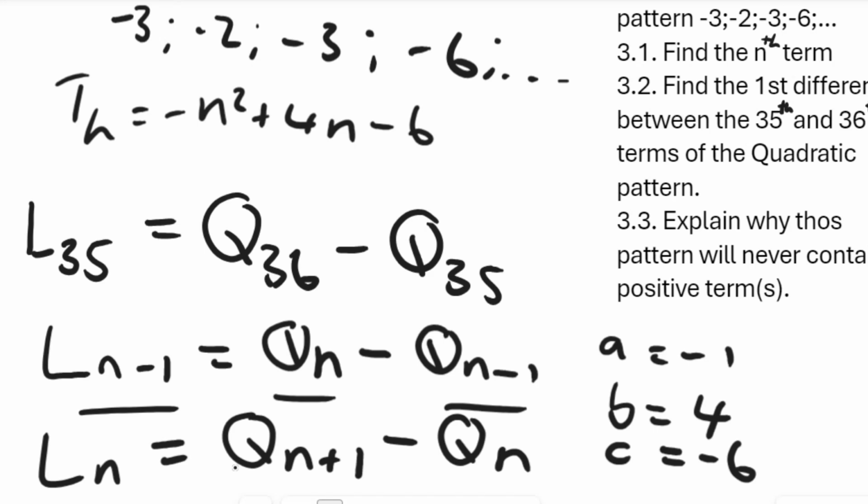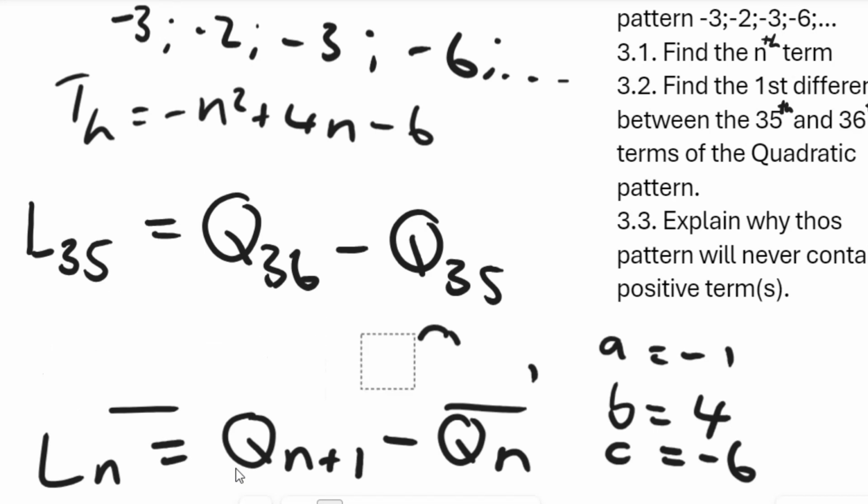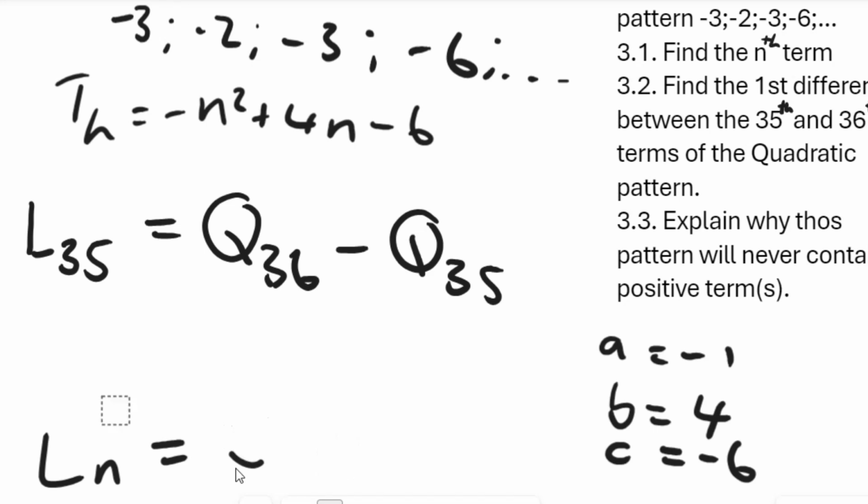It works not only for 35 and 36, but for 100, for 99, for everyone that will be part of this quadratic pattern. Now let's proceed and answer the question. The general term that we used said linear term number 35 will be equal to quadratic term number 36, subtract from it quadratic term number 35.